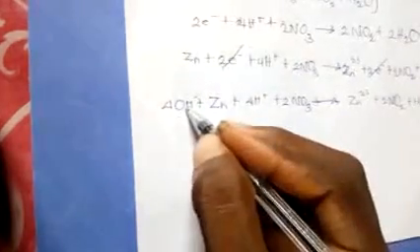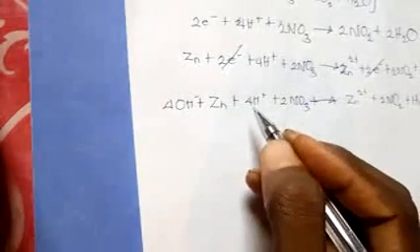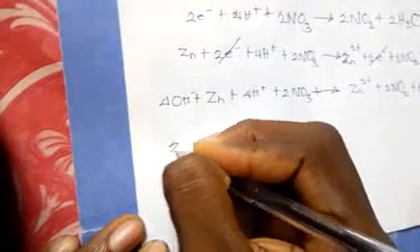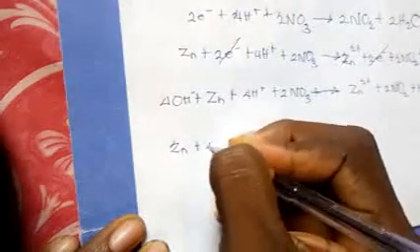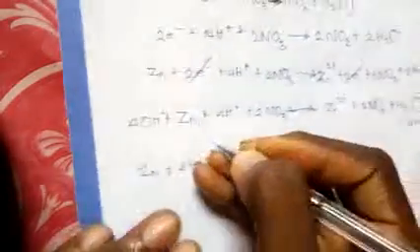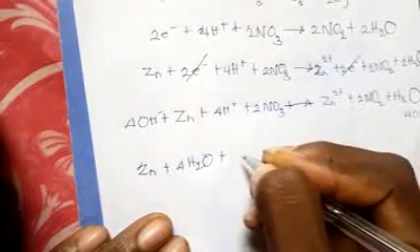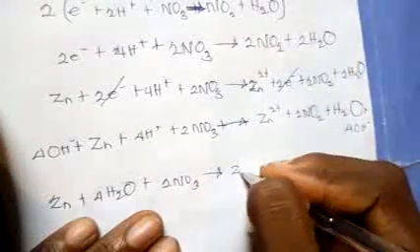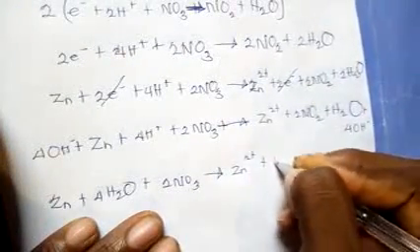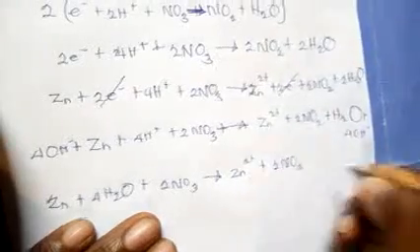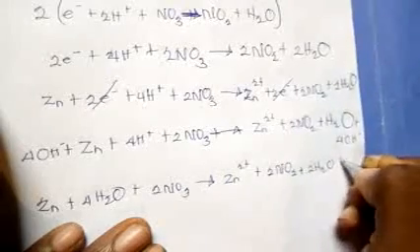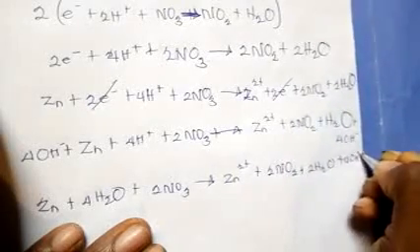So now we add this OH and this H plus, and they will give us water. So when we combine them, our equation will now be Zn plus 4H2O plus 2NO3 to yield Zn2 plus 2NO2 plus 2H2O plus 4OH minus.